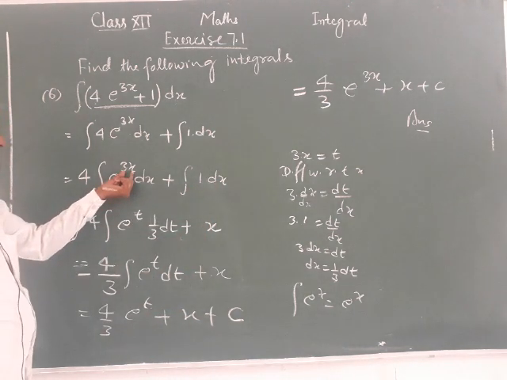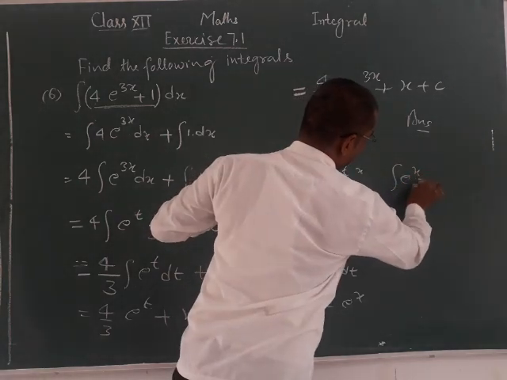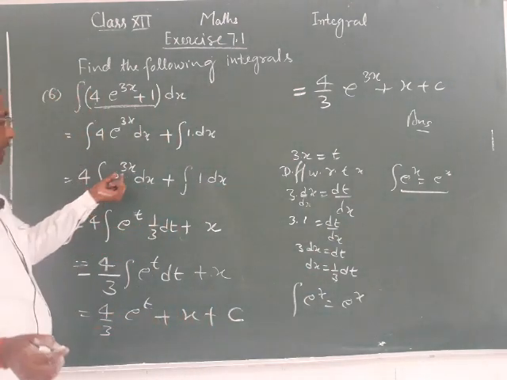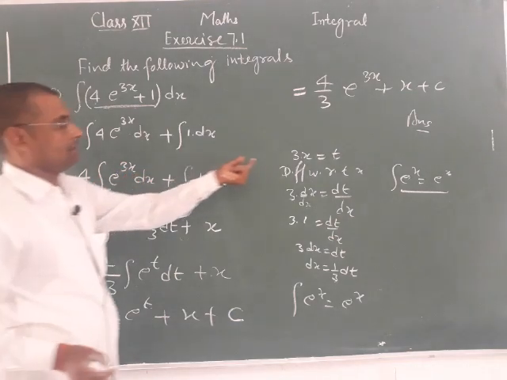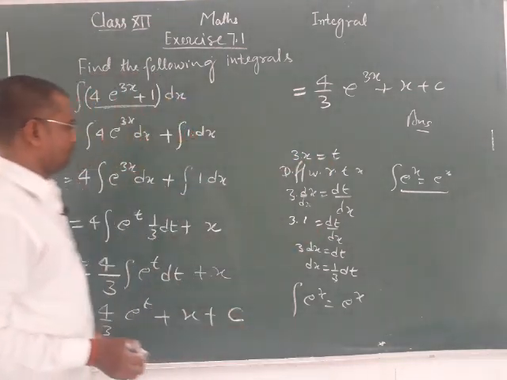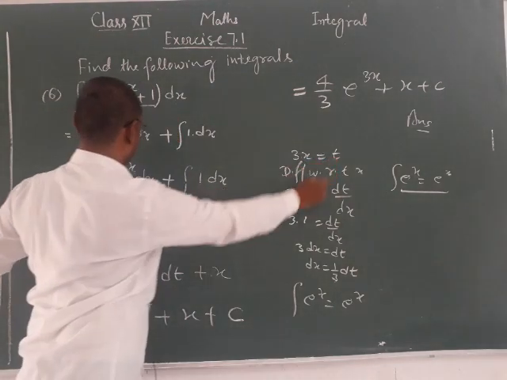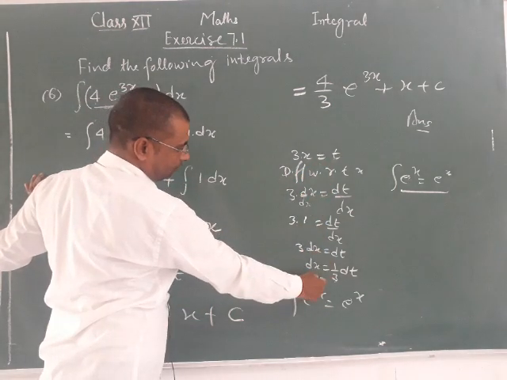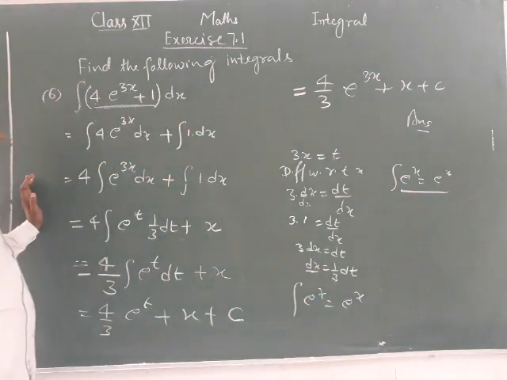For e raised to the power 3x, we know that the integration of e raised to the power x is equal to e raised to the power x. So this has a coefficient of 3, so remove this. Now let 3x be equal to t, and we find the differentiation with respect to x, so dx is equal to 1 upon 3 dt.